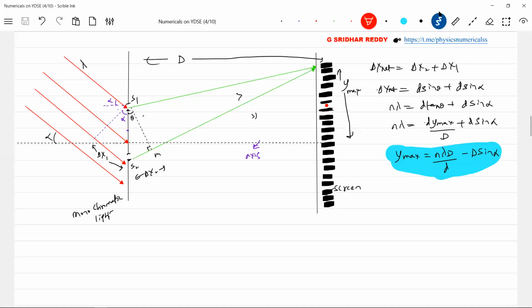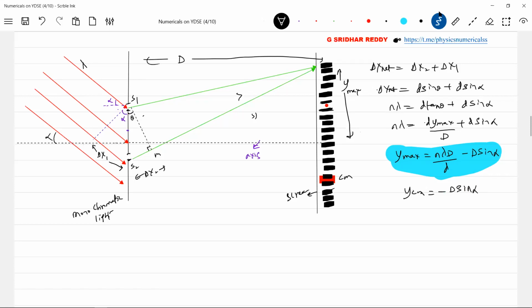So from the data, somewhere here, the central maxima, I'm placing it. So the position of the central maxima should be equal to minus D sine alpha.